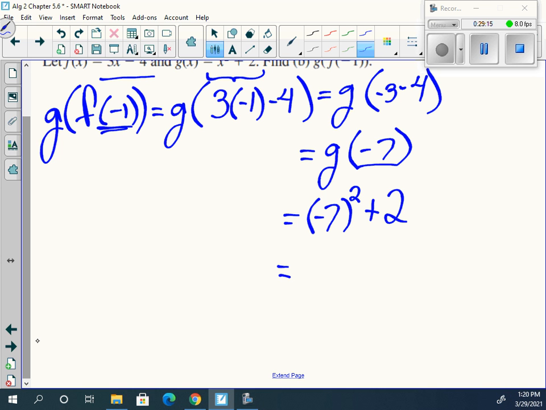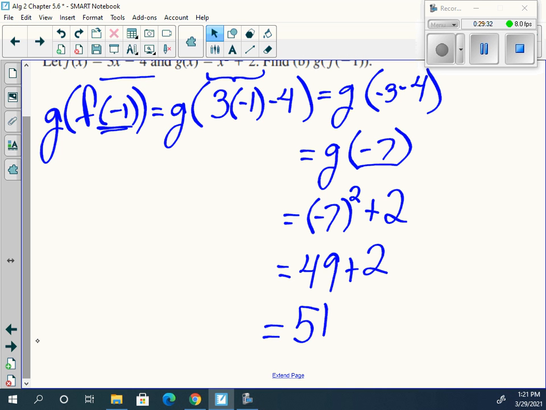And it would give us our answer. If we did it by hand, negative 7 squared, well, negative times a negative is a positive. And 7 times 7 would give us 49. And 49 plus 2 would give us 51. So g of f of negative 1 is 51.